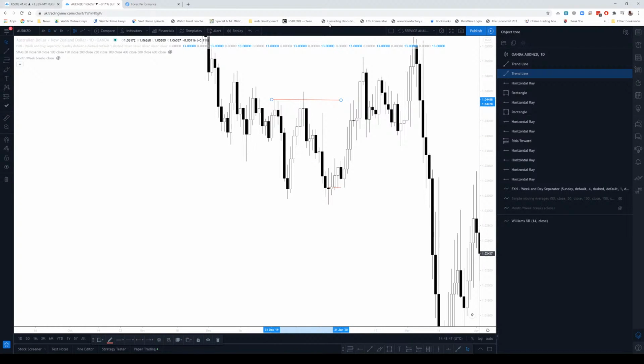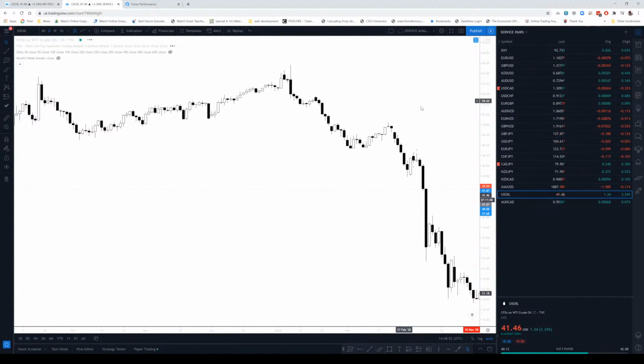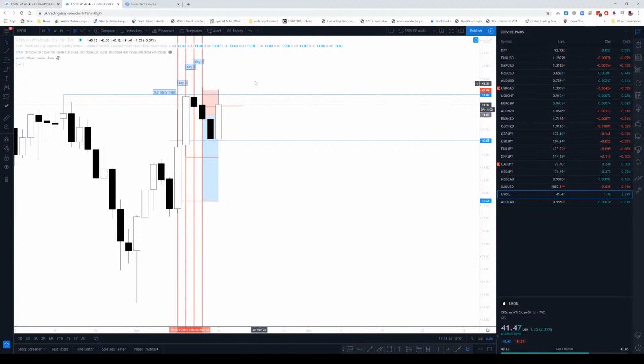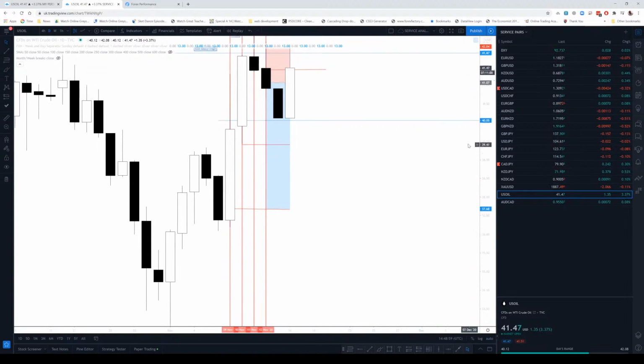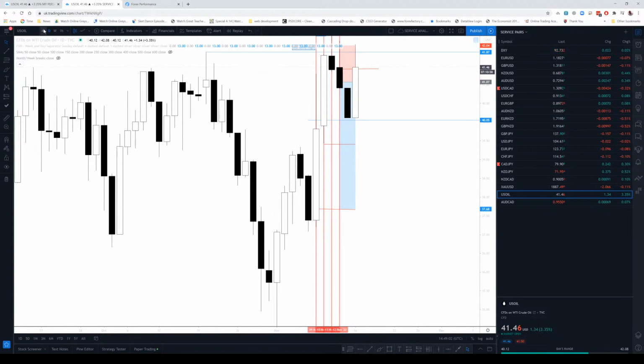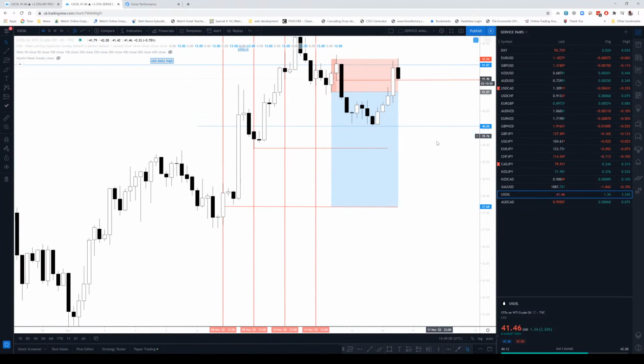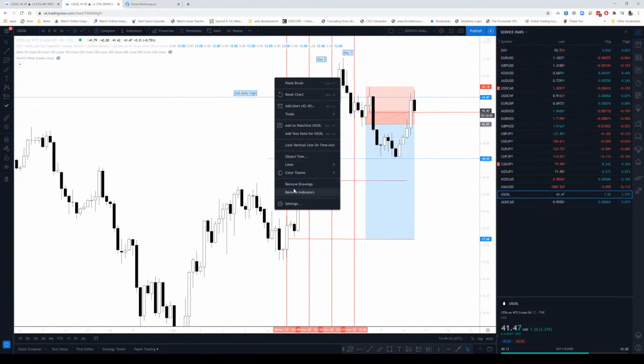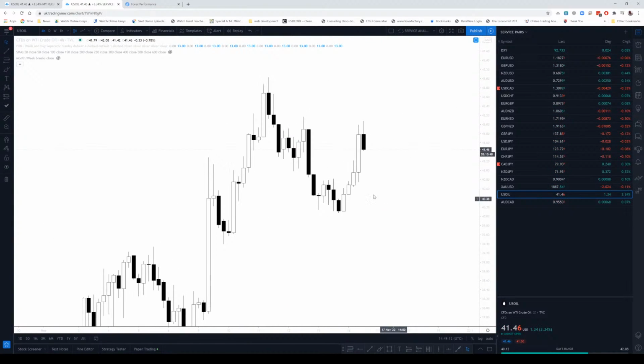And let's go on to quickly show you what oil is doing, because I was looking at oil this morning. I was looking at this morning and I wanted to share it, but I wanted to see what price would do at 130 here.